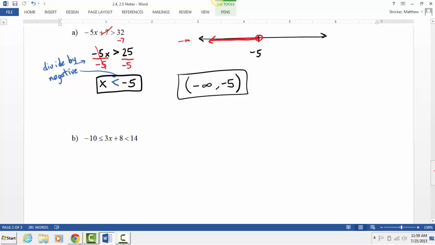So the principles still apply, except that when you get x by itself in the middle, when you do it to one side, you also have to do it on the outside in both places. So if I want to subtract 8, I have to subtract 8 everywhere, on the left, in the middle, and on the right.